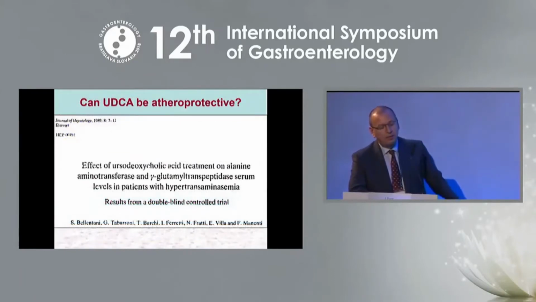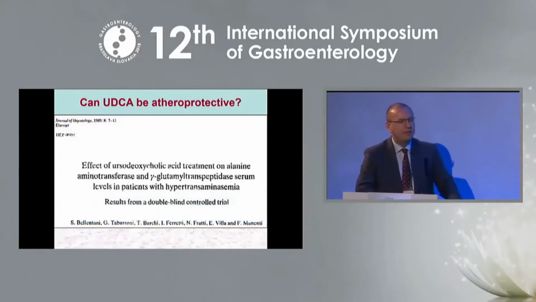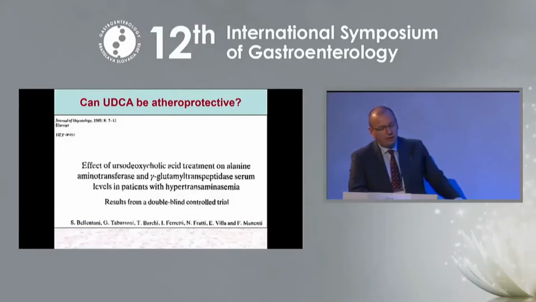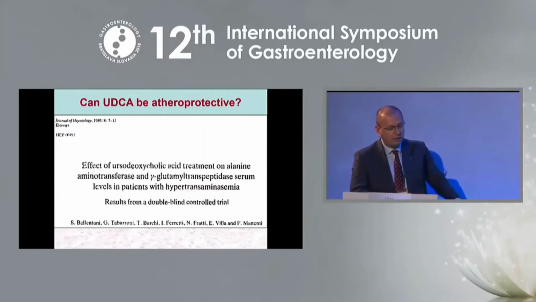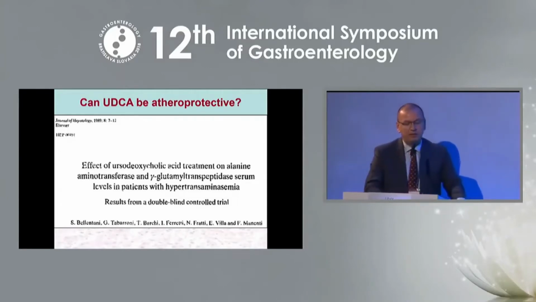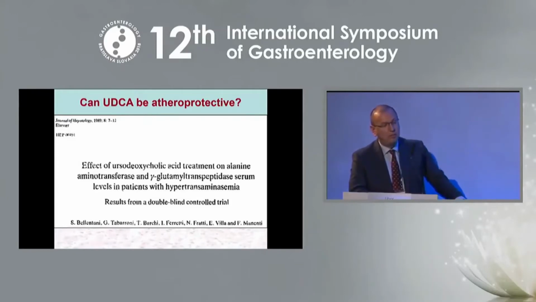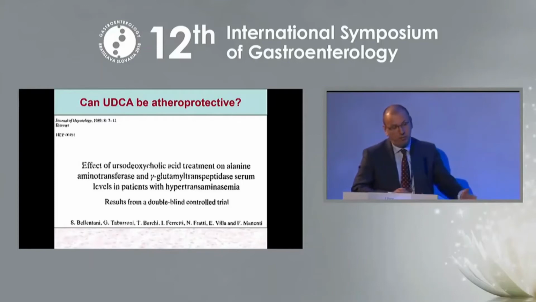It's also important to mention this old study published in the Journal of Hepatology showing that URSO can decrease activities of gamma-GT and aminotransferases without any huge effect on other parameters. But this indicates that this drug could also improve cardiovascular and overall morbidity and mortality, probably.